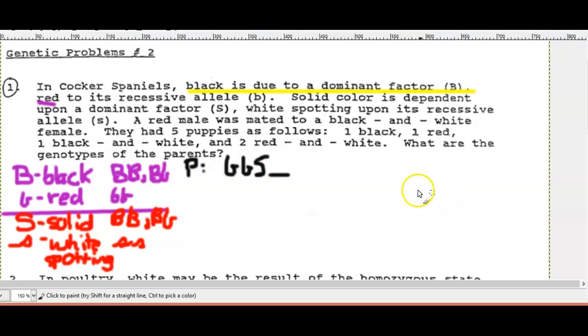Mated to a black, so we know there's at least one big B. And white. Well, we know that's a recessive trait, so we know that one is homozygous recessive. They had 5 puppies. Their first puppy was black. And it's just plain old black, so we know that's black solid.